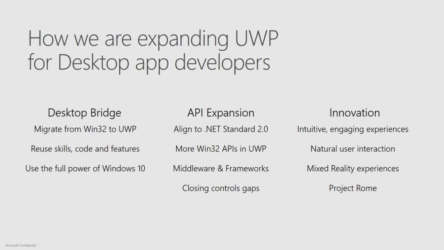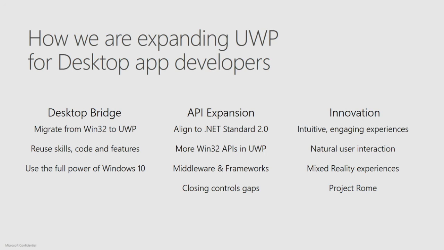If you have existing WinForms, WPF, MFC applications, and you want to start taking advantage of UWP, you can do that with the Desktop Bridge. You can easily package those applications, which will immediately give you the deployment benefits and several other benefits of the model. It will not run your app in the app container.